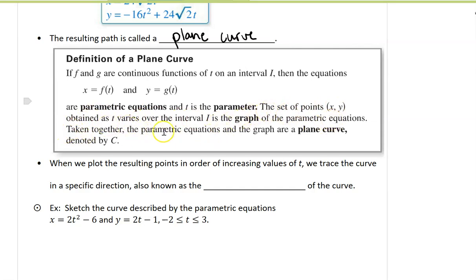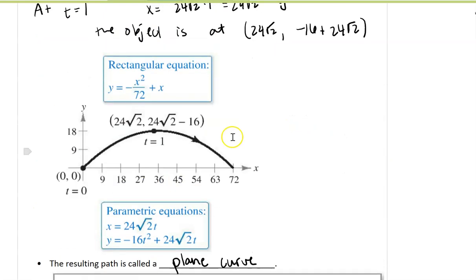And taken together, the parametric equations and the graph are a plane curve denoted by C. When we plot the resulting points in order of increasing values of the variable t, we trace the curve in a specific direction, also known as the orientation. So that's what I was talking about a second ago. The orientation of the curve is this order here, going from t equals 0 to t equals 1.